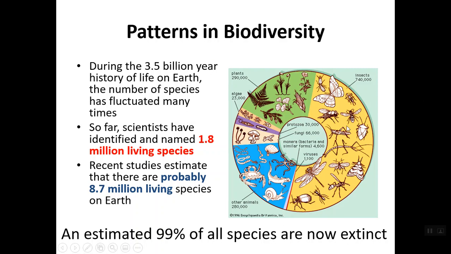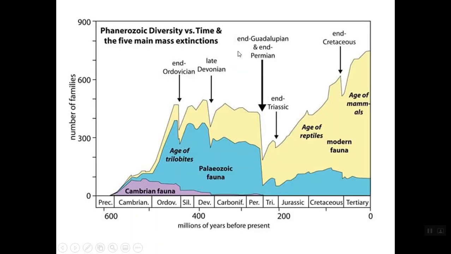All right, so just to give you a summary of what's going on in terms of species and number of species. Now, how did we lose lots of these species on Earth? All the huge number of species, how did they die?